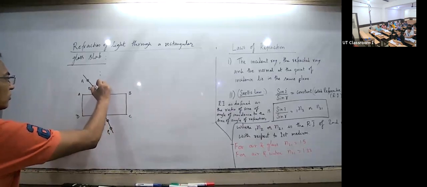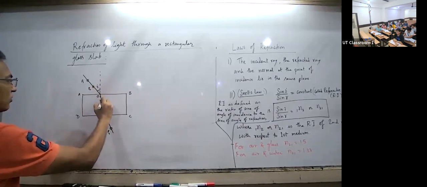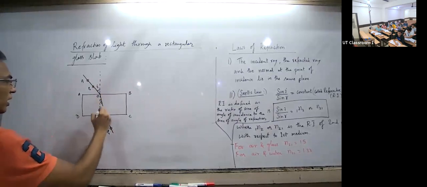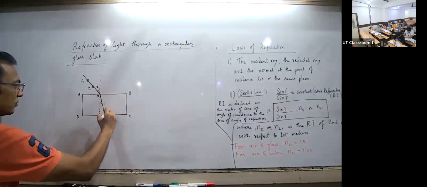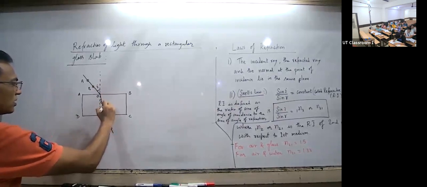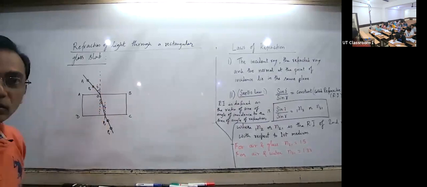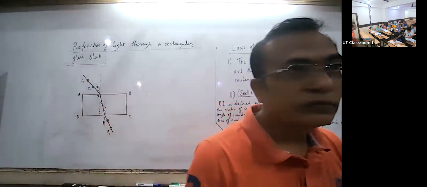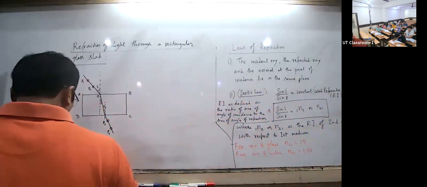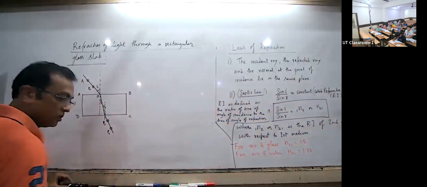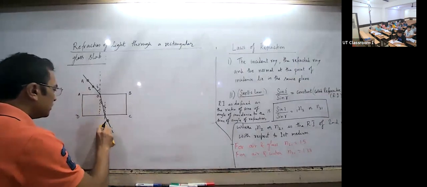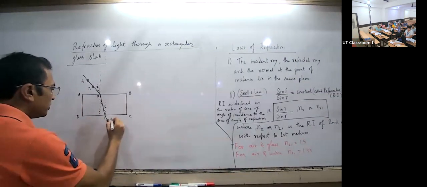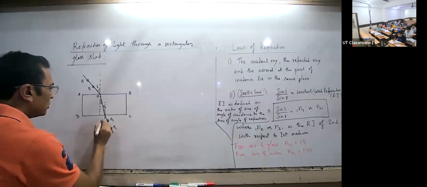Let's call this the angle of incidence. This is the angle of refraction over here. And then when you draw the normal here as well, there is another refraction over here that you're calling R2. And what do you call this point, P3 minus P4?